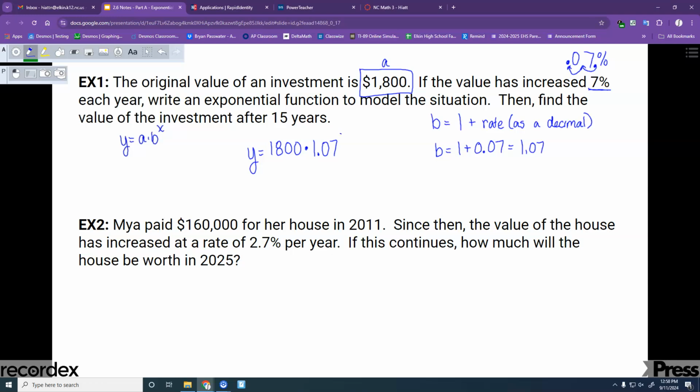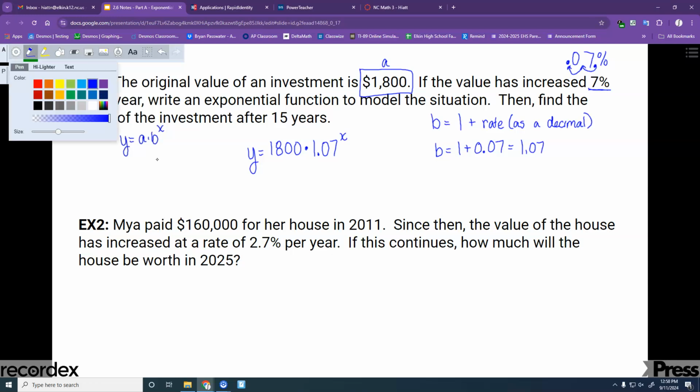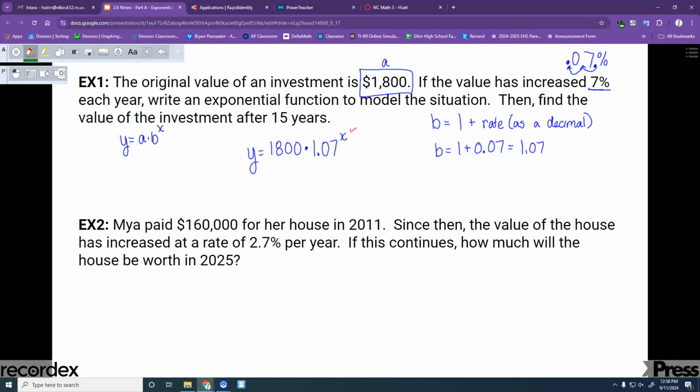And if we're writing the equation, I'm just going to put an X right here. In this case, that X is going to be my number of years, and the Y is going to be the value of the investment. I know it's going to be years because this increase is per year.